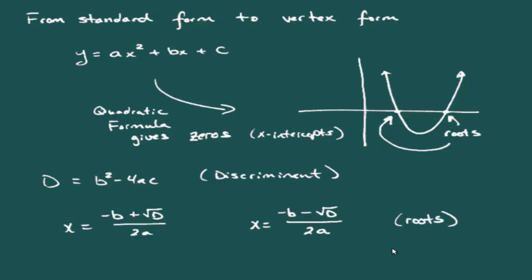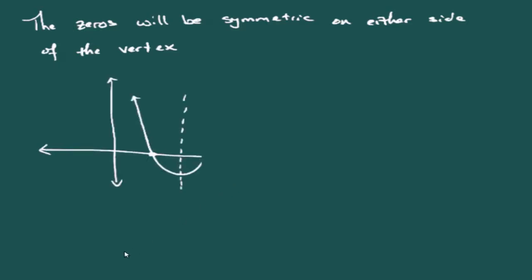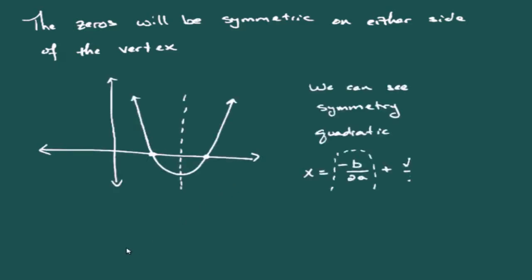The important thing we might notice about this parabola is that because it has that axis of symmetry, the zeros are going to be symmetric on either side of the vertex. So we can ask ourselves, in the quadratic formula, when we get the values for the x-intercepts, do we see a certain amount of symmetry?